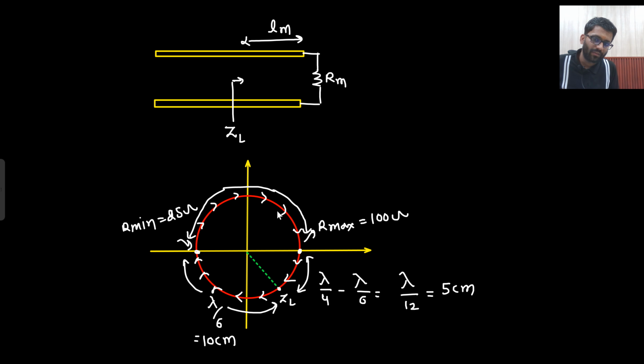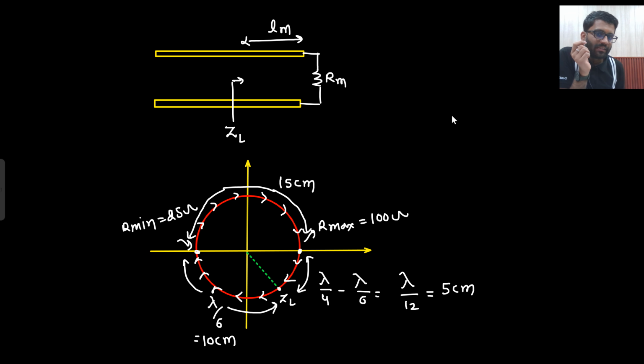This complete length will be 15 centimeter. So if I connect my RM to be 25 ohm, then I need to cover 15 centimeter plus 5 centimeter to reach ZL. Is that okay for you?